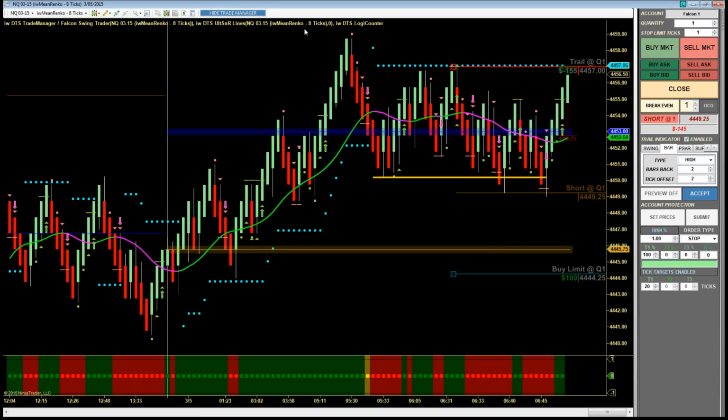Now, there are sellers up here, right? We have sellers who have sold here, sellers who have sold here, sellers who have sold here. It is not unreasonable to see the sellers come back. Problem is we have buyers who have bought here, buyers who have bought here, buyers who have bought here.